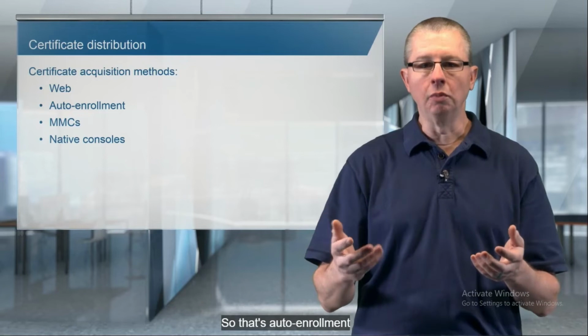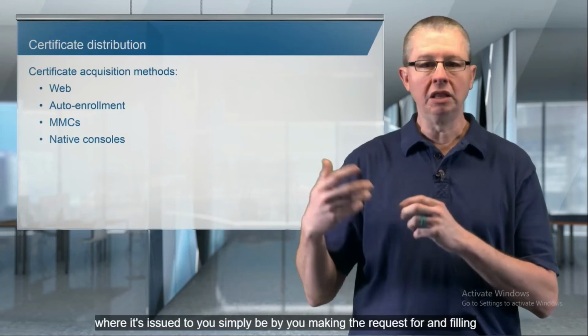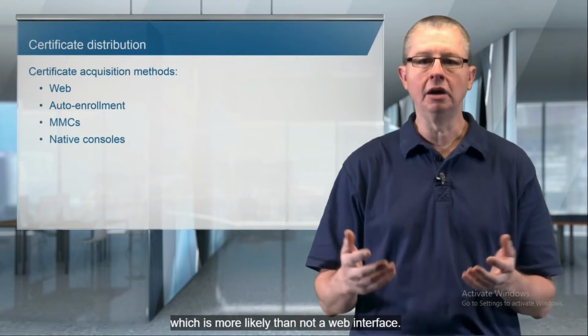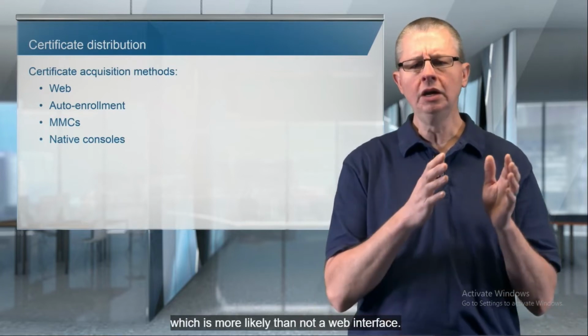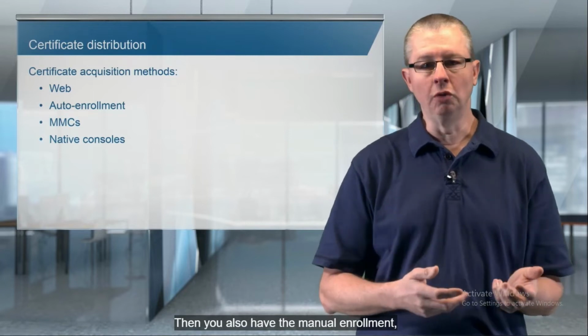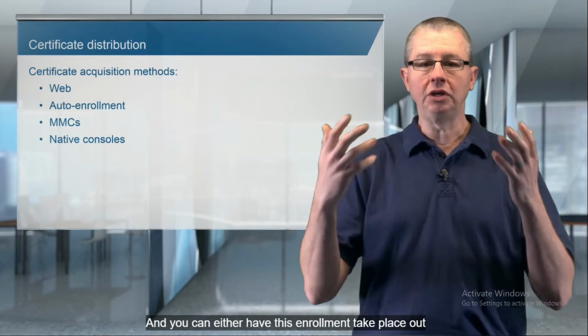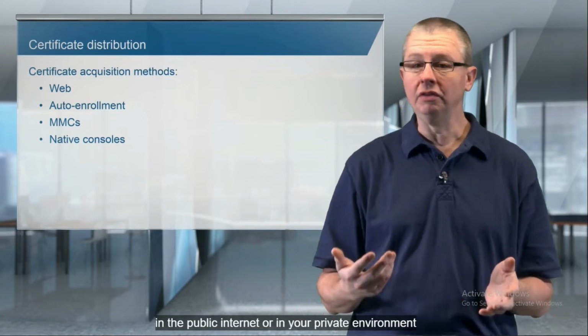So that's auto-enrollment, where it's issued to you simply by you making the request and filling in all the right details of the request site, which is more likely than not a web interface. Then you also have the manual enrollment, which is what most CAs have. And you can either have this enrollment take place out in the public internet or in your private environment as well.